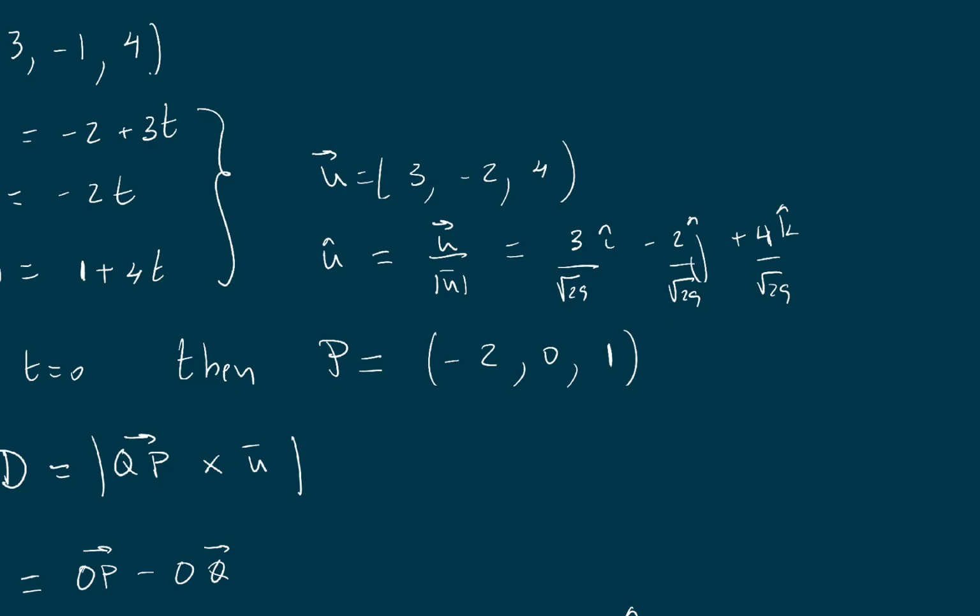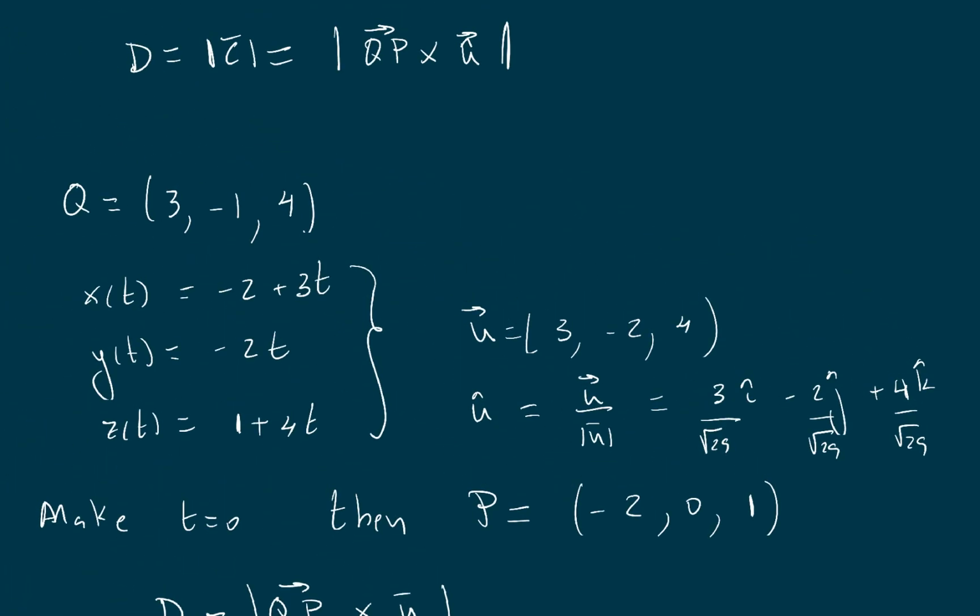Square root of 29 comes from the magnitude of U: 3 squared plus 2 squared plus 4 squared. So we have the unitary vector U.